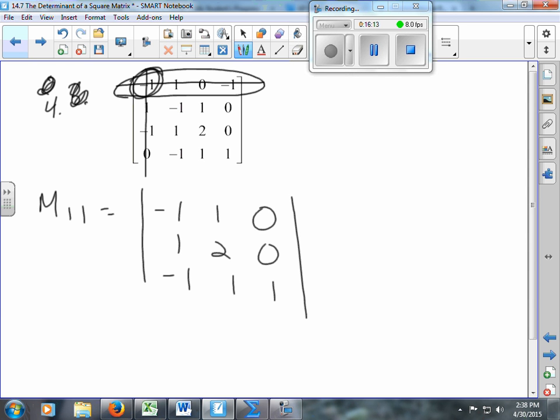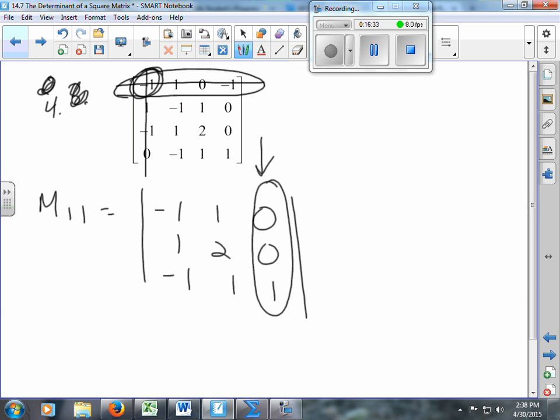Well, now to do the determinant of this 3 by 3 matrix, I have to do minors and cofactors again. You only have to do it for one row or column. That's how a determinant works. And you want to choose the one with the most zeros. So I choose this column. It has the most zeros.